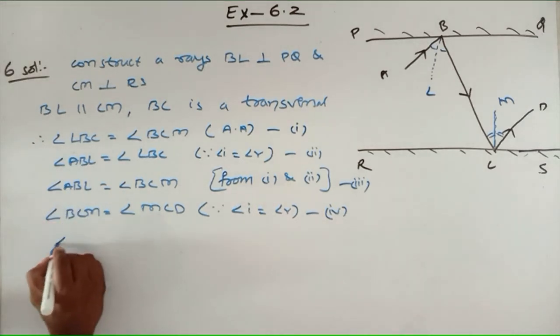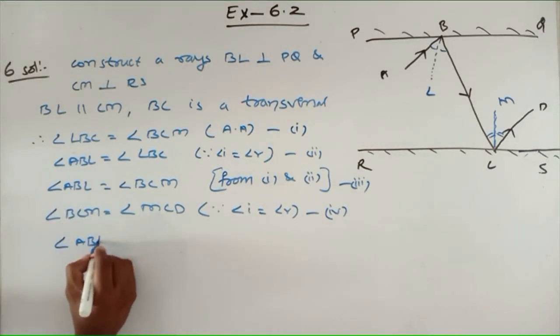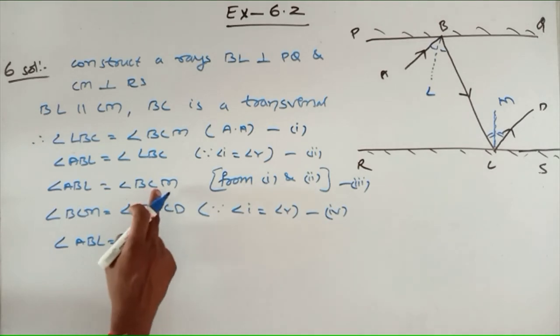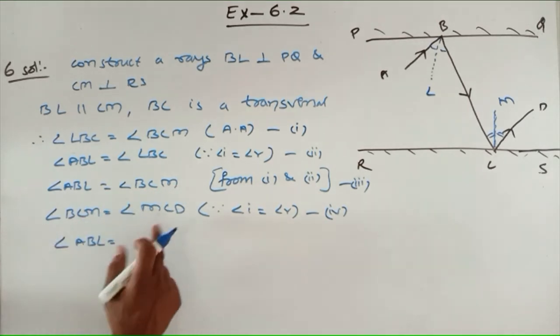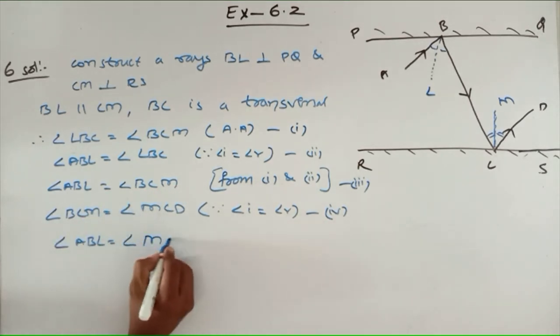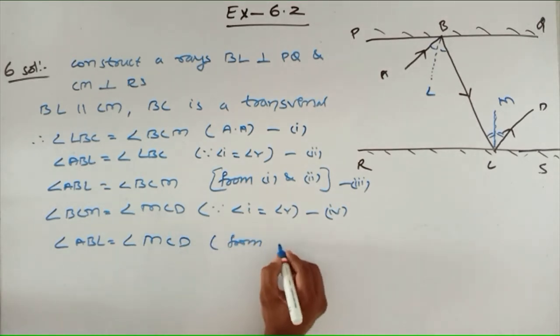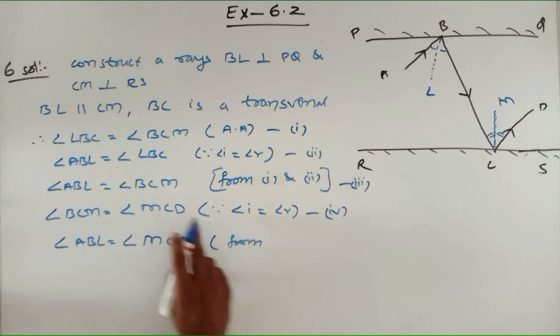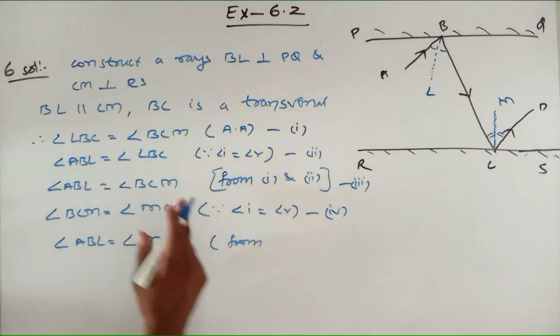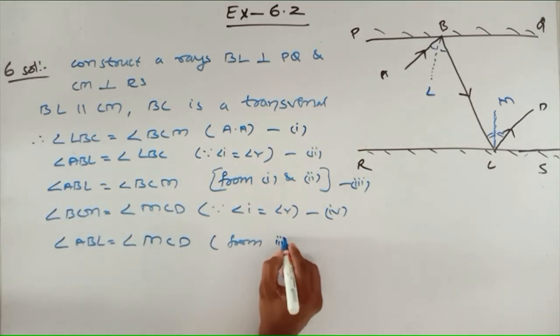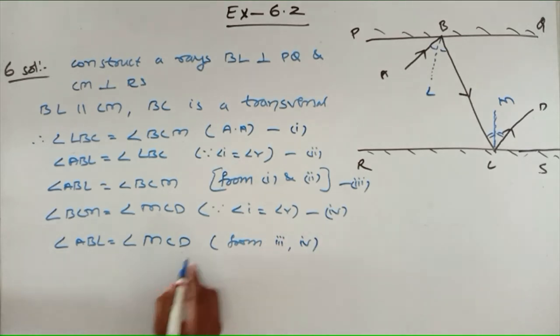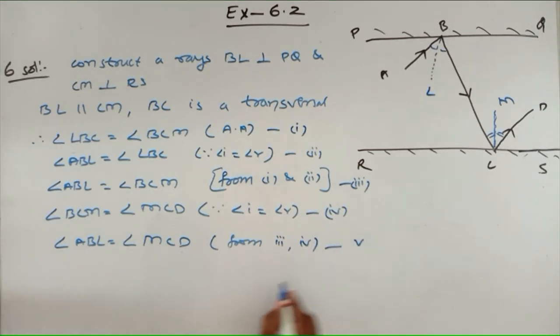Now clearly I know angle ABL is equal to BCM, but BCM value is MCD, that is angle MCD. This is from the third and fourth equations, and this one I'm taking as the fifth one.